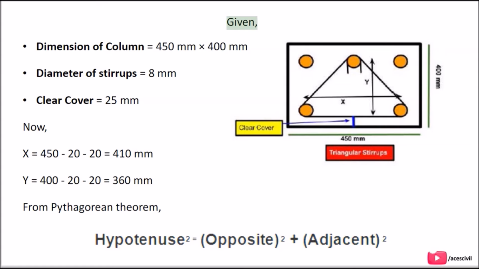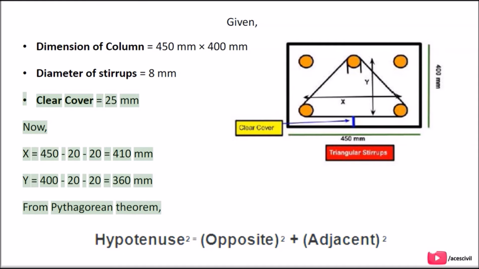Given: dimension of column equals 450 mm times 400 mm. Diameter of stirrups equals 8 mm. Clear cover equals 25 mm.